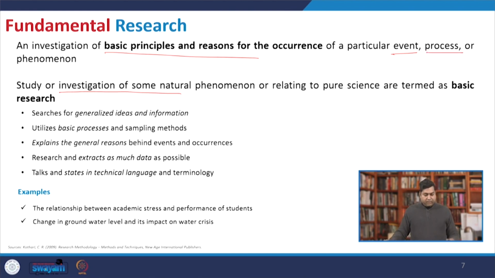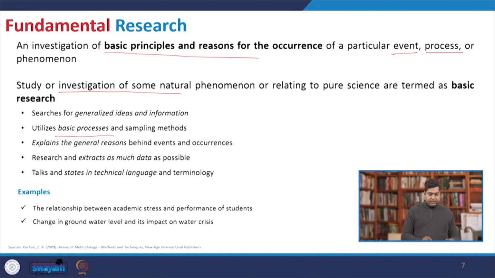Now some of the characteristics of fundamental research: it searches for generalized ideas and information. It has a broader perspective, unlike applied research, which is much more focused on solving a practical problem. It utilizes basic processes and sampling methods to come up with the solution.